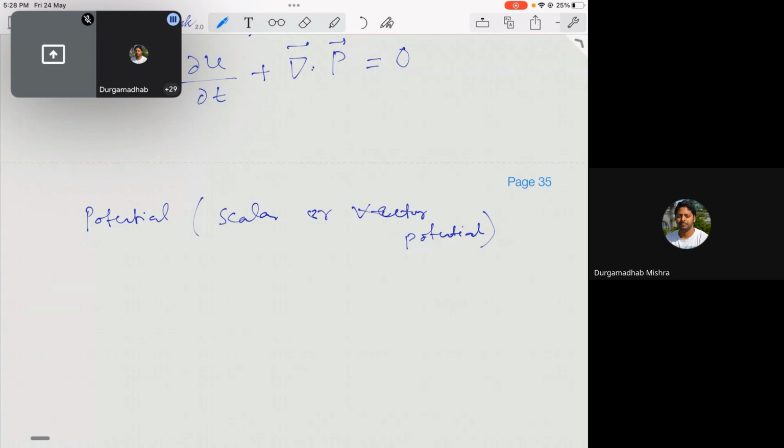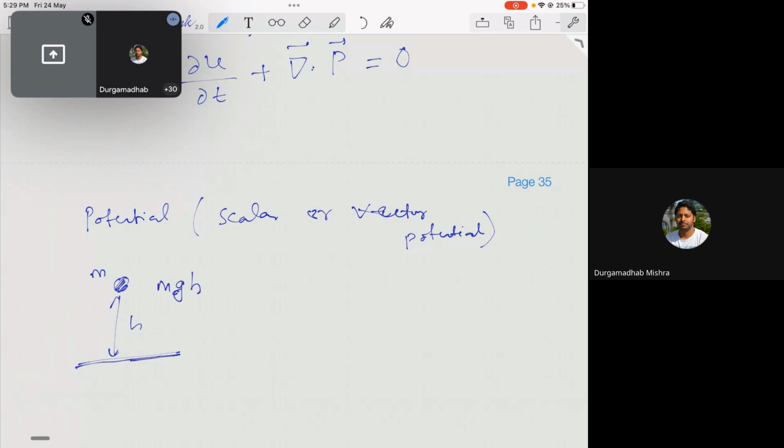If I take an object at a height h, I can say the potential energy is mgh, where m is the mass of the object. I am measuring with respect to the reference point, the Earth's surface.